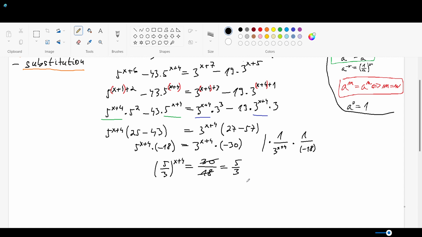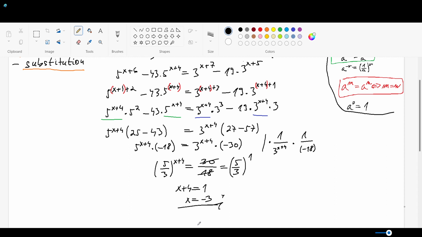Okay, now 5 over 3 is of course to the power of 1, which means we have the same bases, and if we have the same bases, then the exponents must be equal. So we will come to the equation x plus 4 is equal to 1, which means x is equal to negative 3, which is the same result as we got during our previous solution.